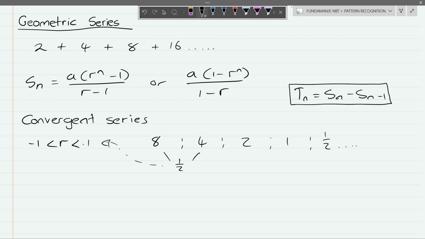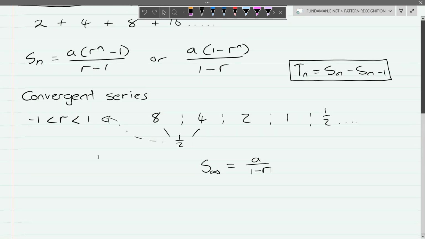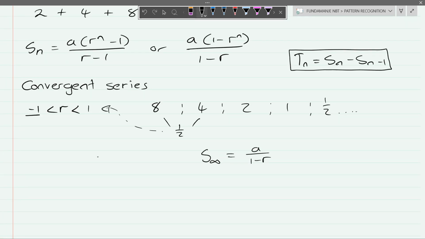Therefore, it is possible to calculate the sum to infinity of this pattern using this formula, where a is the value of the first term and r is the ratio, and the ratio needs to satisfy this condition. It needs to be a fraction between -1 and 1.